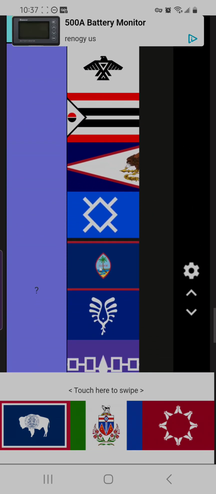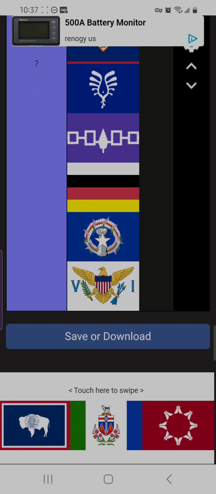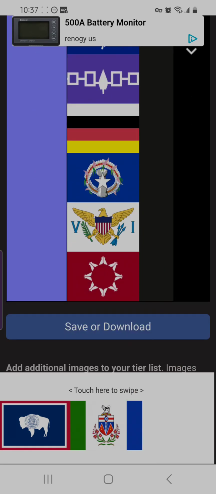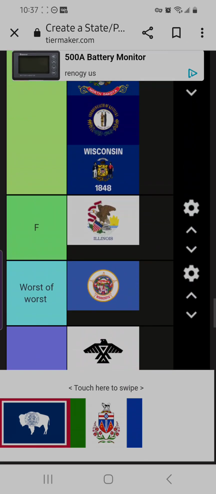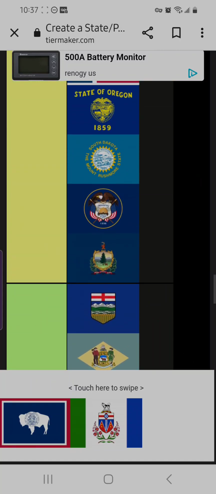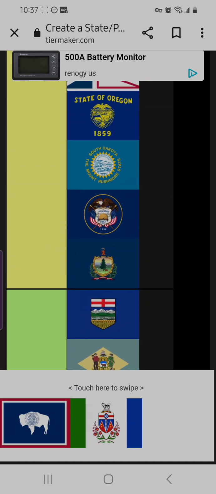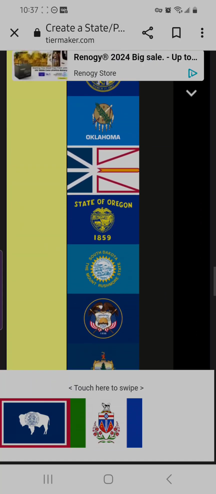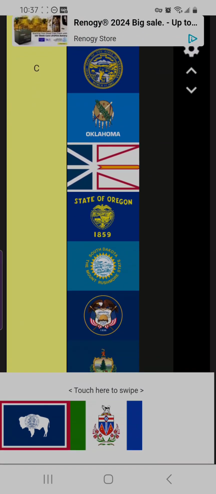What's Mississippi? I didn't see it yet. No. Wyoming. Wait, there is no Mississippi. So, Wyoming. Their flag is good.